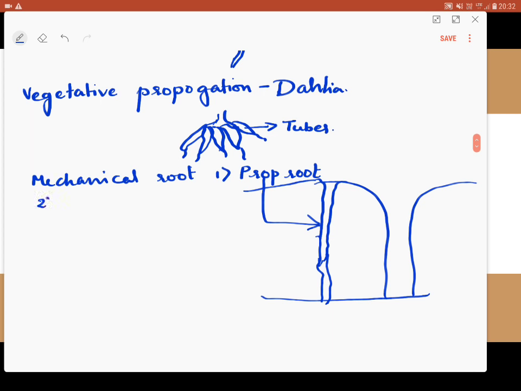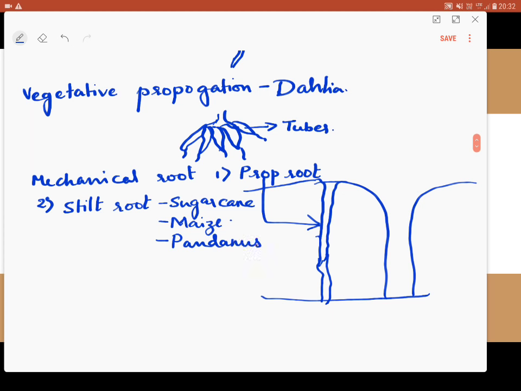There is also a second type of mechanical support root called stilt root, seen in sugarcane and also in maize. Pandanus is another plant where we can see this kind of root.